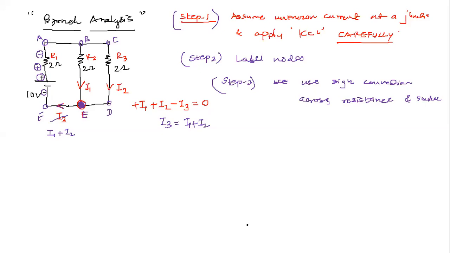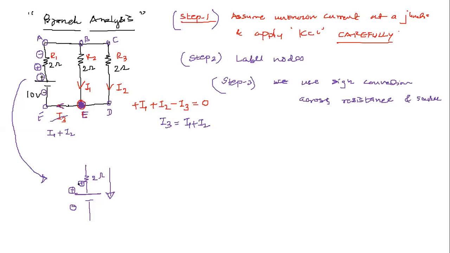Many times, for example here, I just want to draw this branch only, wherein you see this battery is connected in series with this 2 ohm resistance. This end is obviously positive, it remains positive because a source we cannot change once it is in the circuit. But if this source is taking current, then many times students inadvertently put a plus sign over here. By mistake they consider that this polarity is positive, this has to be positive.